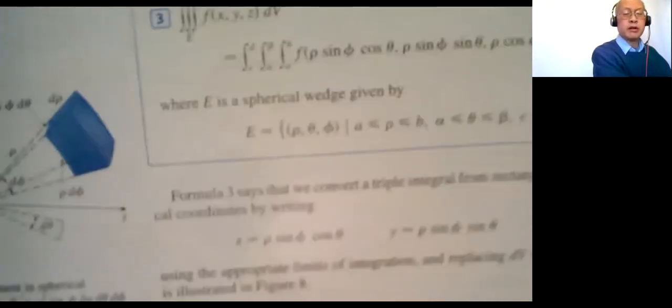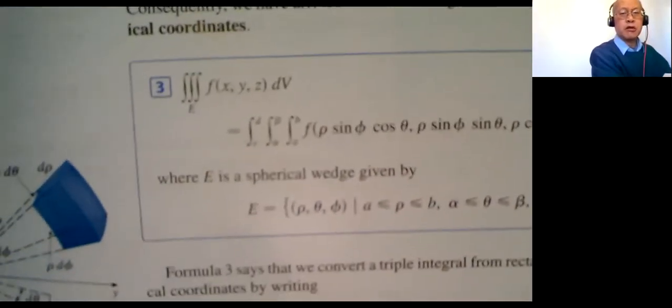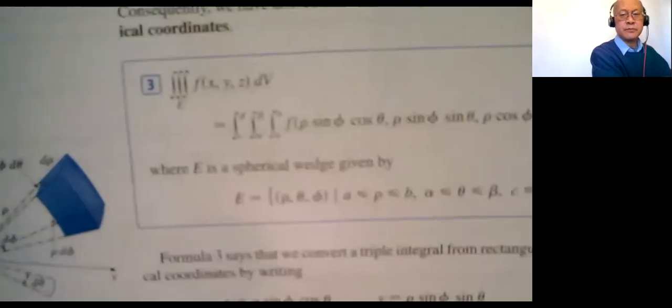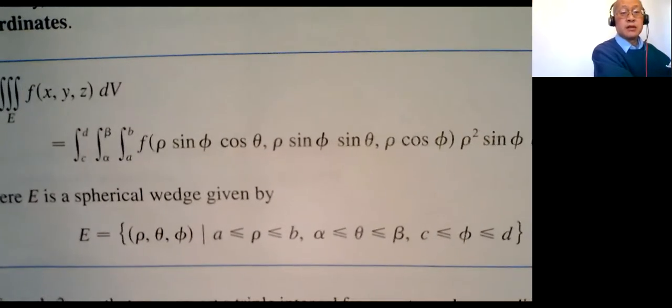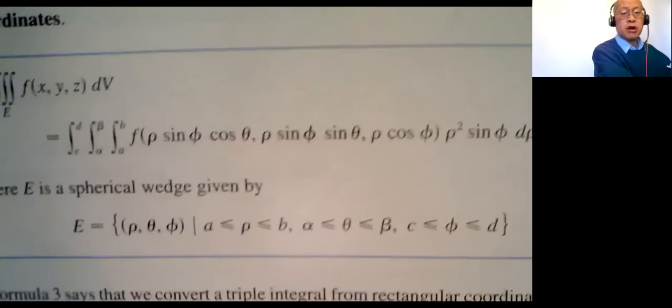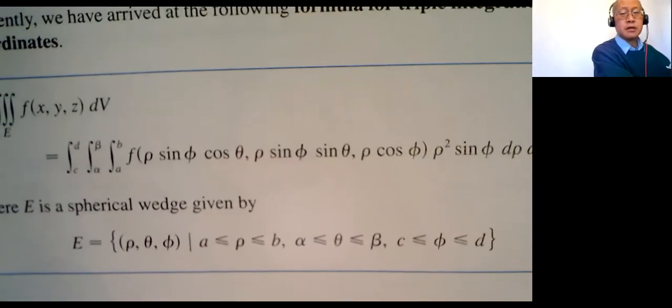So bottom line, whether you understood that or not, put this on your next cheat sheet, page 1047. How do you do a triple integral in spherical coordinates? Triple integral of f of x, y, z, dv. Change x to rho sine phi cosine theta.